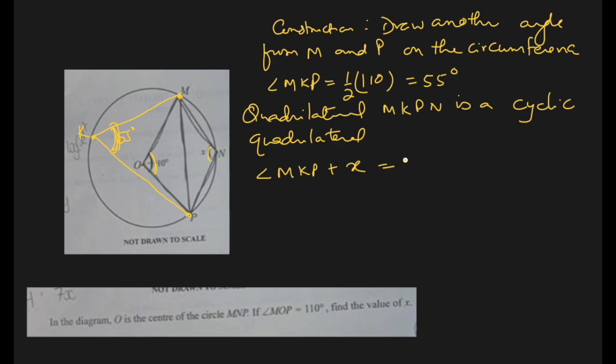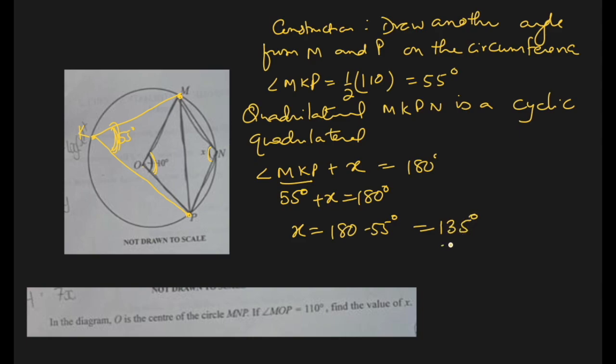And the sum of the opposite angles of a cyclic quadrilateral is always 180 degrees. MKP we got 55, plus x equal to 180 degrees, x equal to 180 minus 55, which is 135 degrees. This question is also done and dusted.